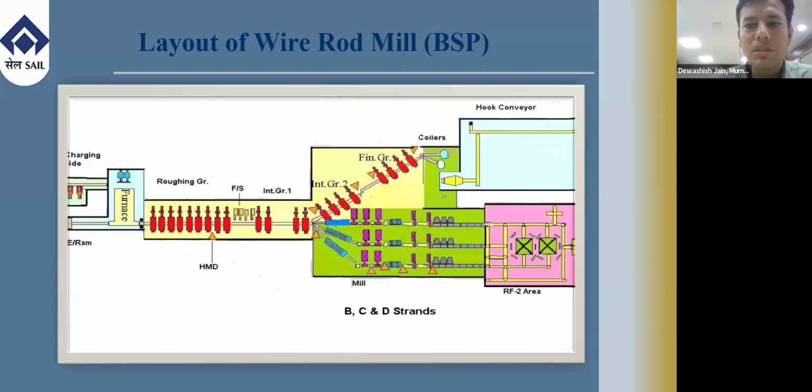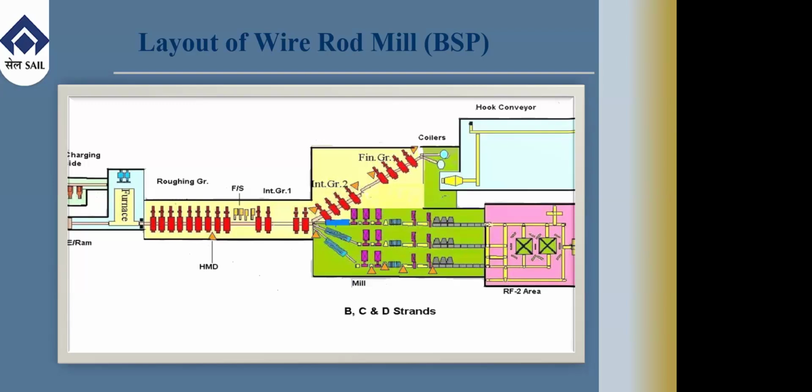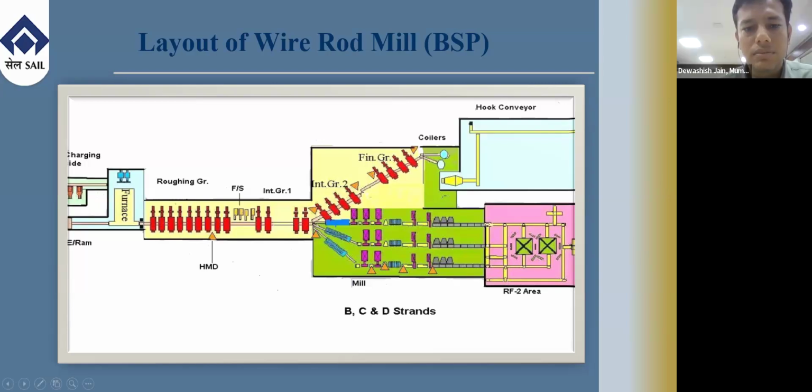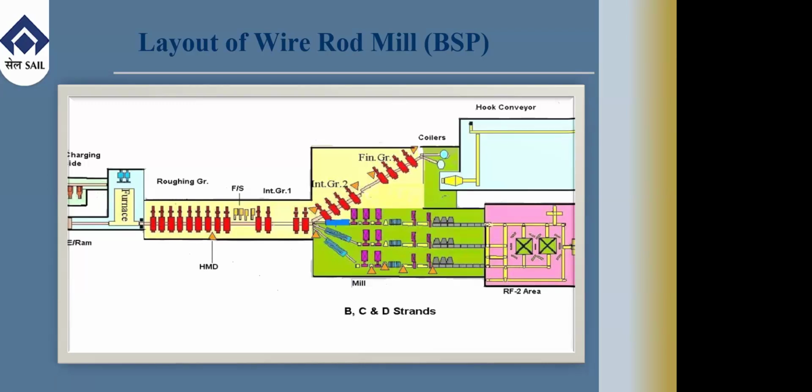So can we say something about these two customers? As far as drawability is concerned, the thumb rule is that the leaner the chemistry, the more the drawability. So if a customer is facing a problem in drawing to lower diameters, we can suggest two things. Number one, if he is taking 6 millimeter, we can ask him to take 5.5.